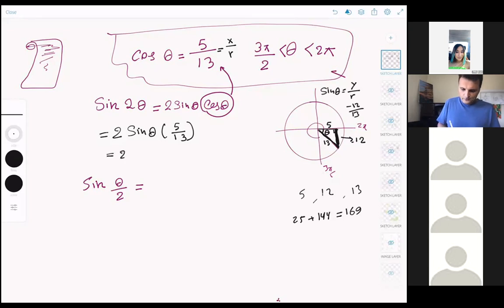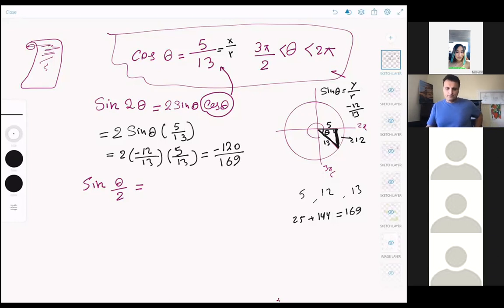So it will be 2 times -12/13 multiplied by 5/13. If you multiply, you get -120/169. You cannot simplify it, leave it like this.